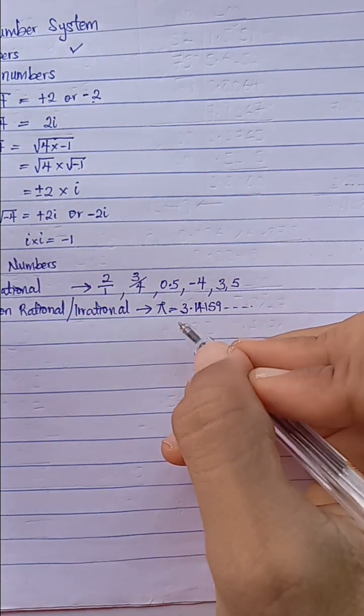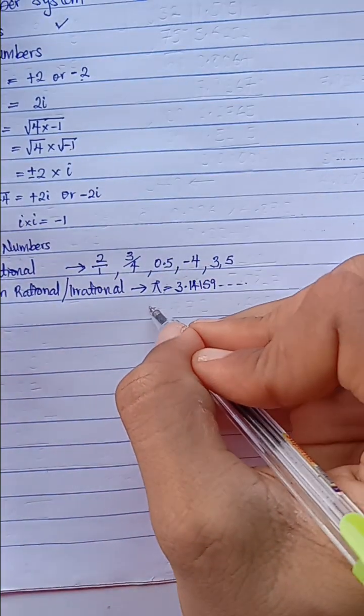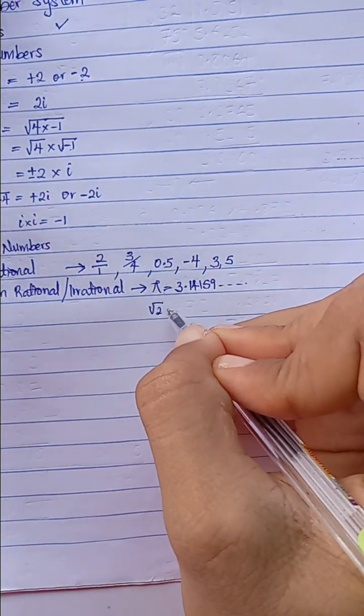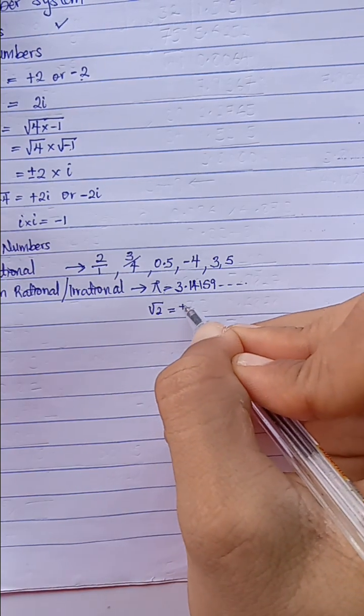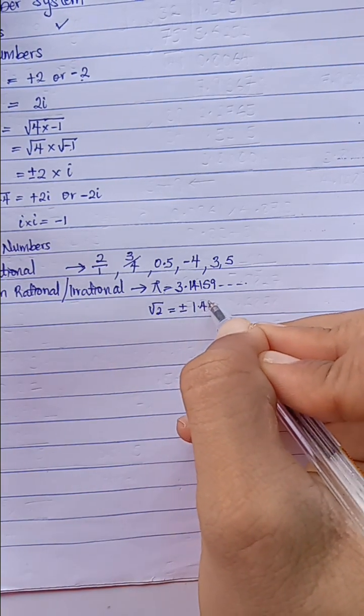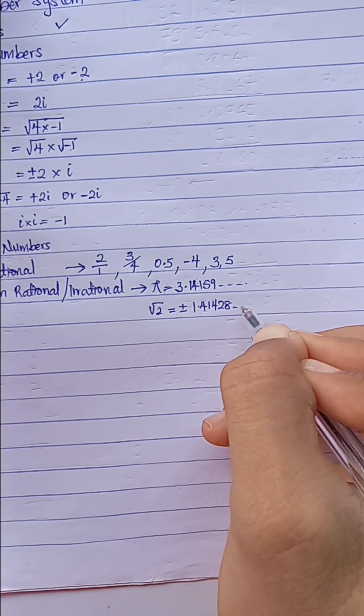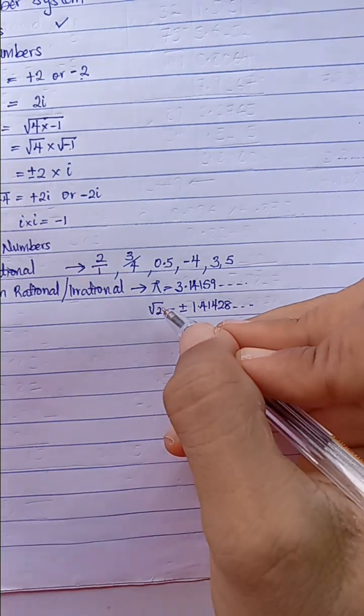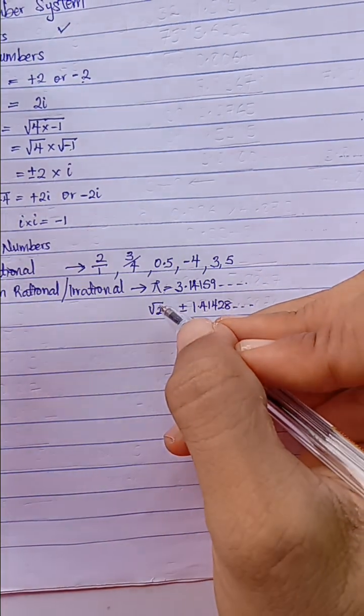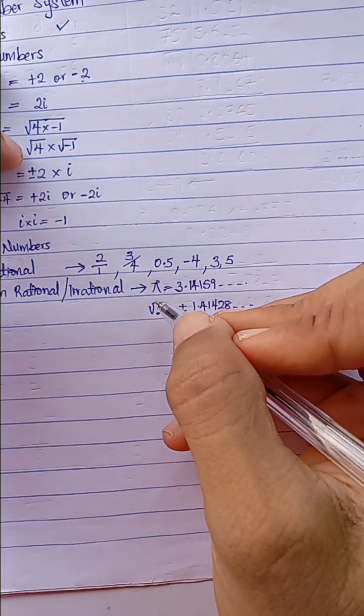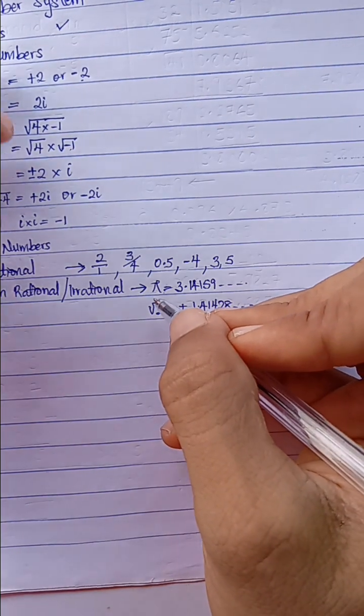Then we're also talking about root 2, which is approximately plus or minus 1.41428 and so on. These values we can't express as exact fractions and they don't have exact values. That's why we refer to them as non-rational numbers.